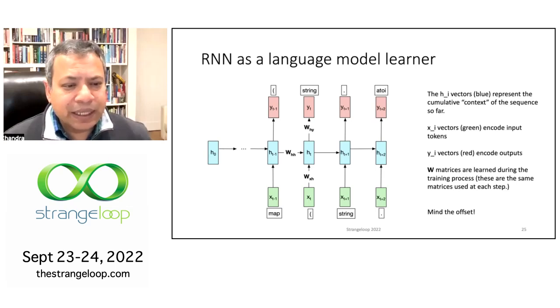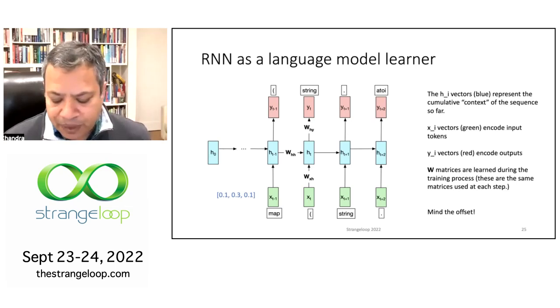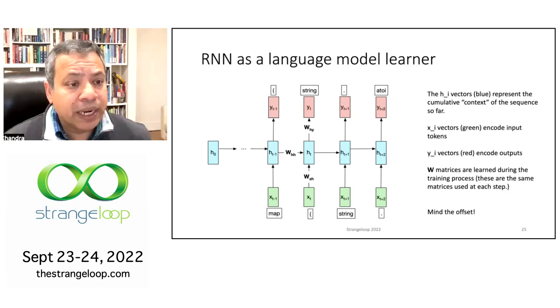And let's just get a little bit of intuition. How does it learn to make those predictions? So first, the tokens like map, open paren, string, they get converted into a numerical representation, typically a vector of numbers. That vector could be, say, 128 entries or 256 entries. And this numerical representation makes it through the gadget.